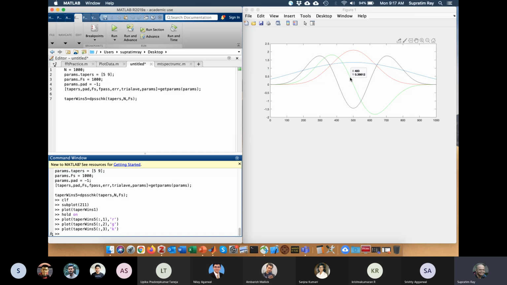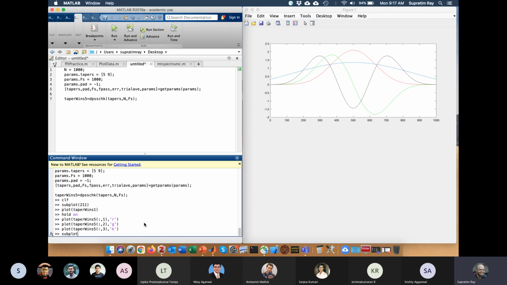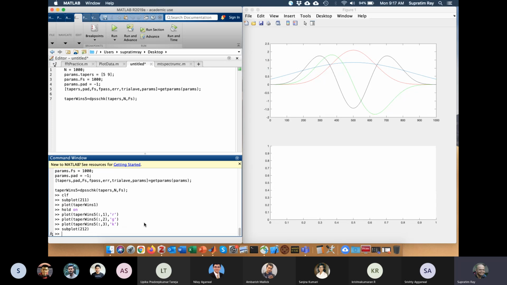Okay, so each signal, whenever you have one trial, you are going to multiply it with each one of these. And that will give you one windowed signal. And in this case, you will take the average of those 9 windows. So now if I look at the spectra here, so subplot 212 and then plot abs FFT of taper wins 1.